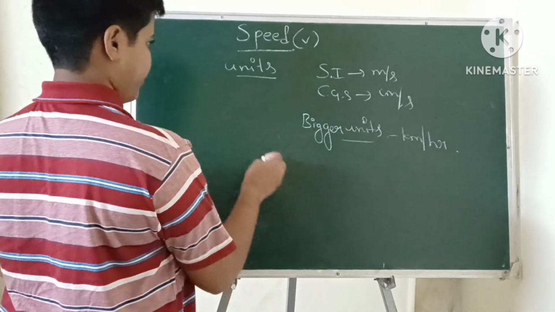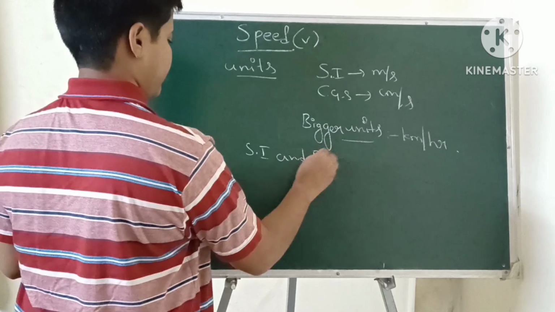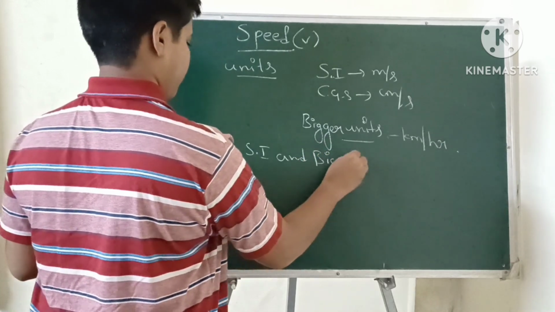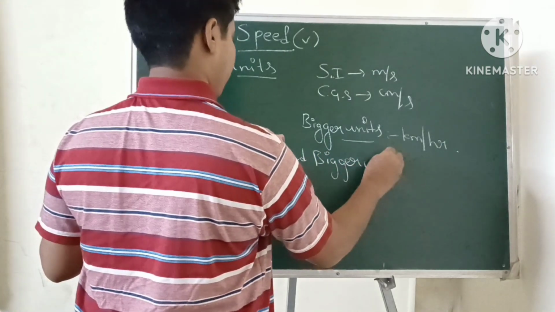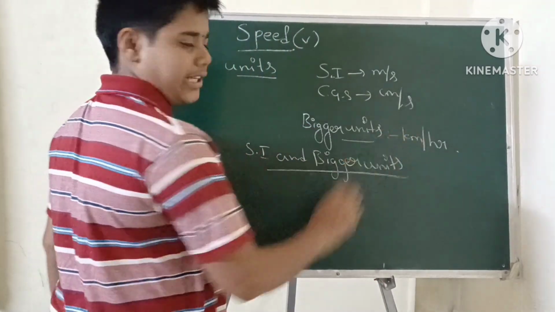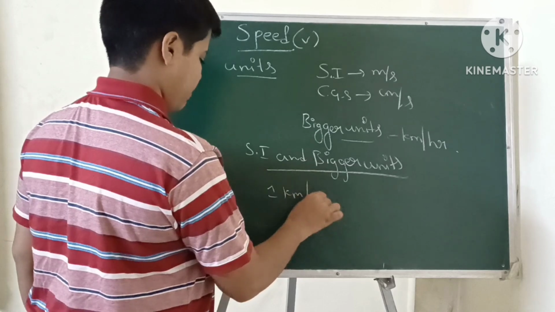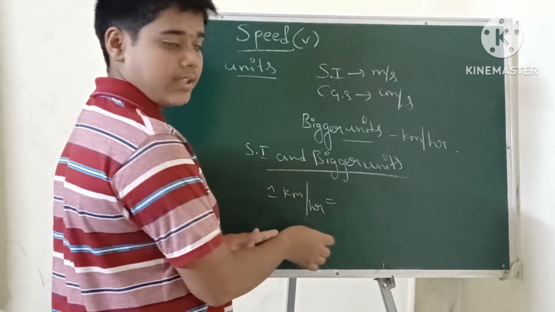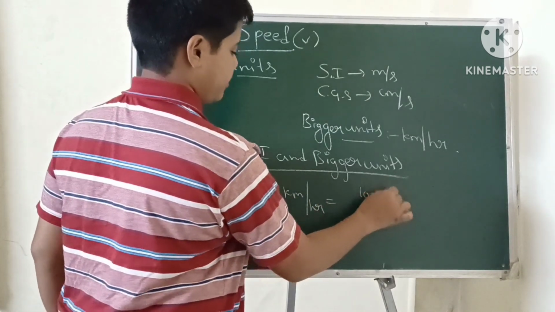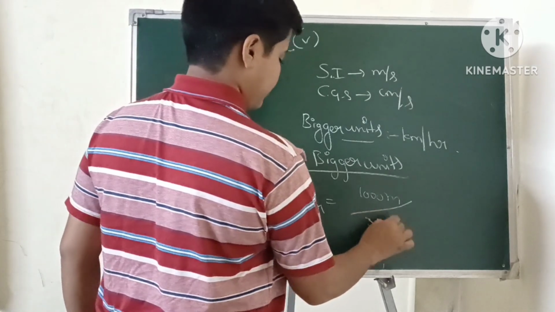And the relation between SI and bigger units. Here I am taking first 1 kilometer per hour is equal to 1 kilometer, meaning 1000 meters, by 1 hour, meaning 3600 seconds.